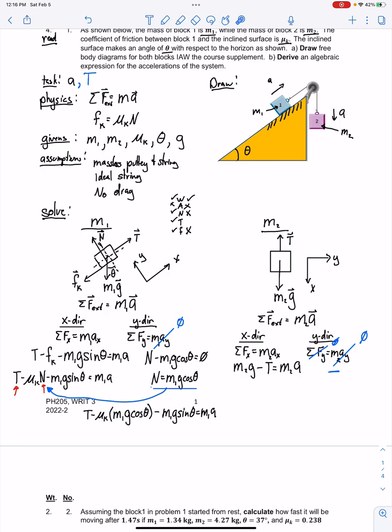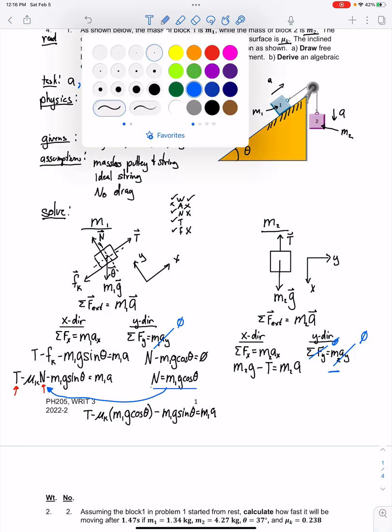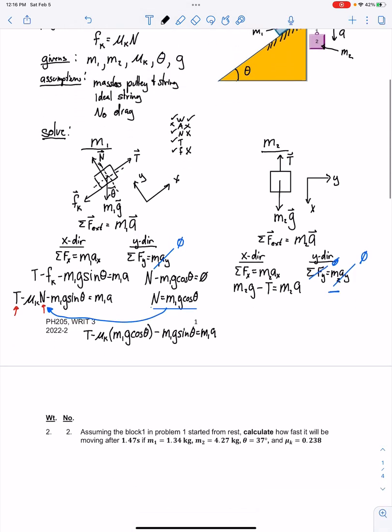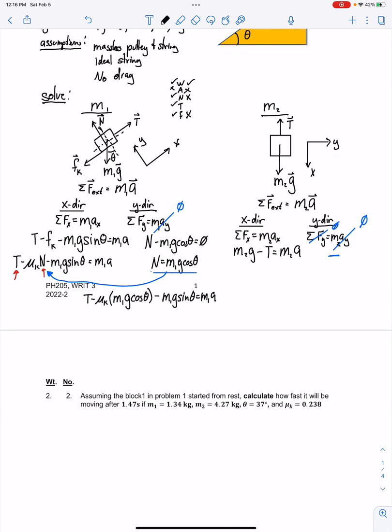The only difference would be which of these 2 unknowns you want. In this problem, we are asked to find the acceleration, so we're going to go after a. But if you were told to go after t, you would get to the exact same point, and instead of eliminating t to find a, you would eliminate a to find t. That would be the only difference. None of the analysis, none of the work is different. It's the exact same physics.